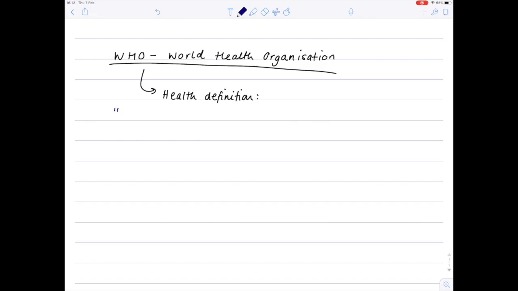Well, it's a state of complete physical, mental and social well-being, and not merely the absence of disease or infirmity. So it's not about being like, right, I haven't got a cold, I haven't got this, I don't have this particular genetic disorder. It's talking about both your mental and your physiological health.